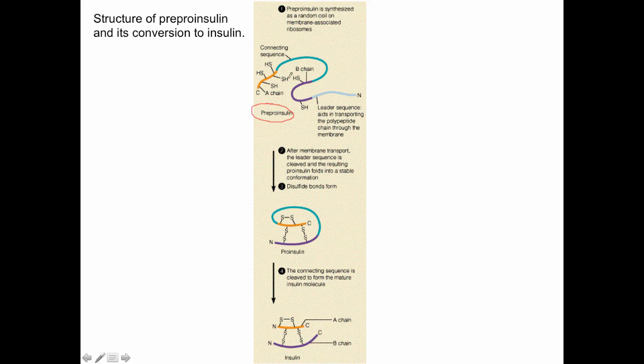After that gene is translated and the protein is produced, it undergoes cleavage, and the first cleavage step produces a shorter polypeptide chain that we call proinsulin, and then it undergoes a second cleavage step that produces the active insulin.